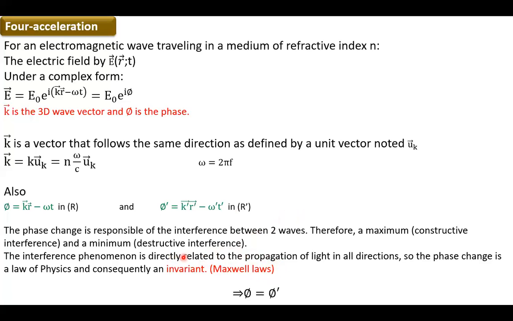So when light is traveling in any direction, the phase change is a law of physics, so it is invariant. This phase will stay the same whether you are in the frame R or in the frame R prime. Phi is invariant. So phi is equal to phi prime.